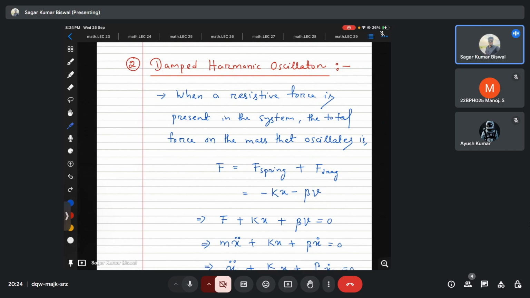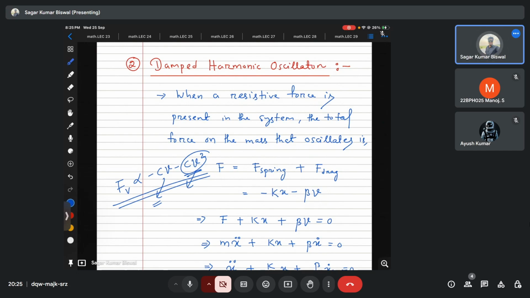So the main concept is that the viscous force is proportional to minus cv or cv square, right? For low velocities we ignore the cv square term, but for higher velocities we may consider the cv square term also.